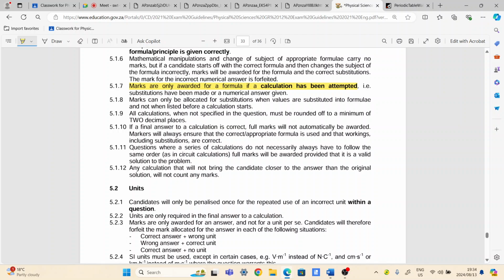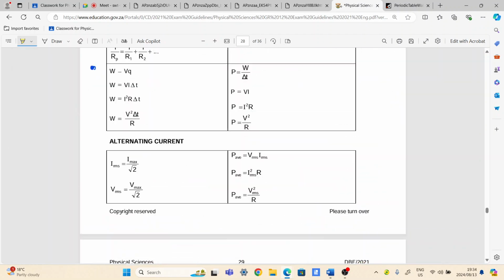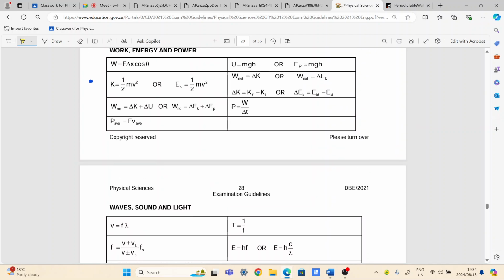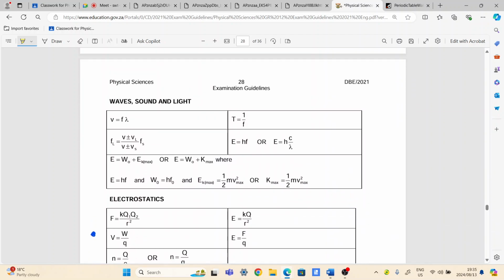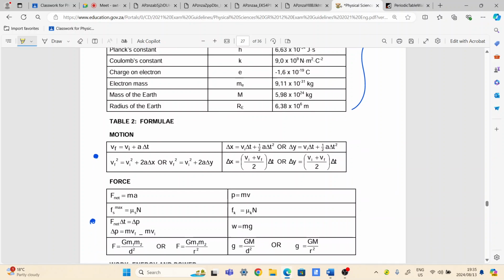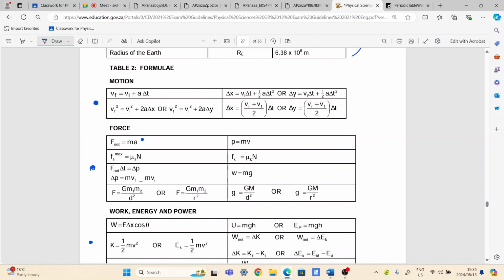Yeah. Oh, another thing I want to say to you guys is, if you are using a formula, I'm going to use the force one for example because it's the one I remember the most. If you're using, let's say, this formula over here, always make sure on the side of your page you are writing down F net equals net force.